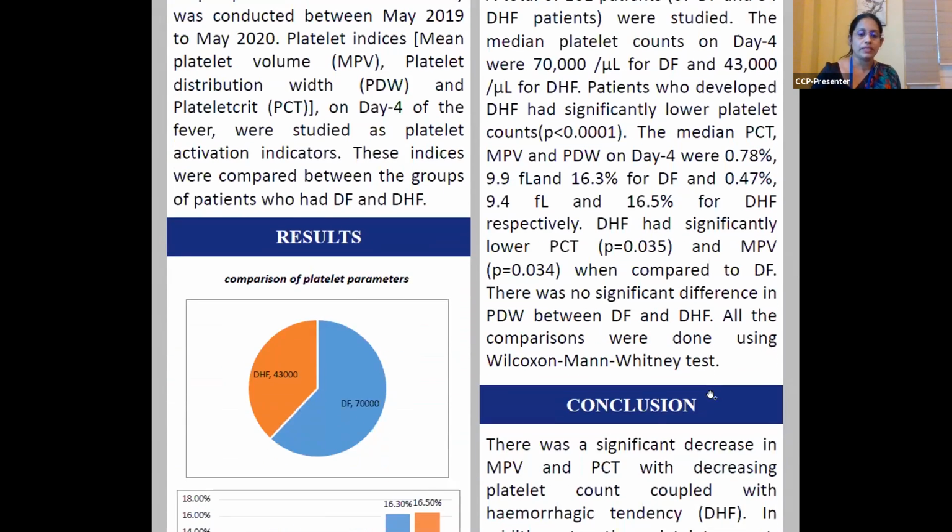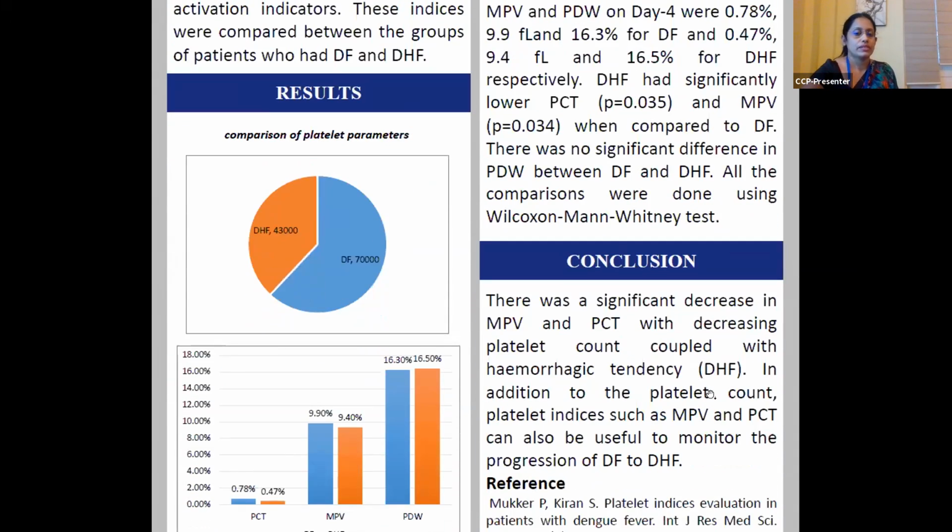In conclusion, there was a significant decrease in mean platelet volume and plateletcrit with decrease in platelet count, coupled with hemorrhagic tendency. In addition to the platelet count, we suggest platelet indices such as mean platelet volume and plateletcrit can also be useful in monitoring the progression of dengue fever and dengue hemorrhagic fever.